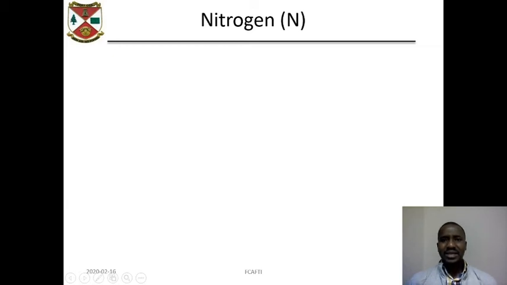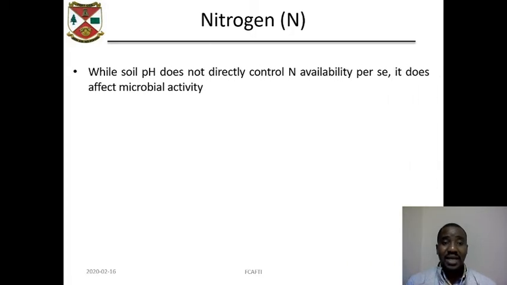Now let us look at these plant essential nutrients one by one. Let us start with nitrogen. While soil pH does not directly control nitrogen availability per se, it does affect microbial activity.